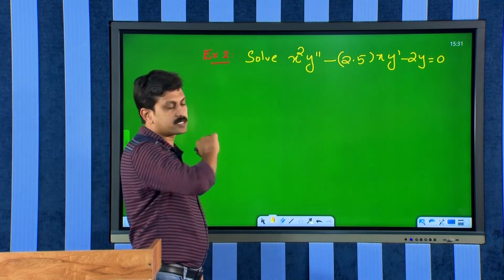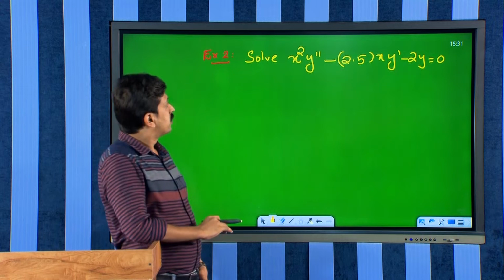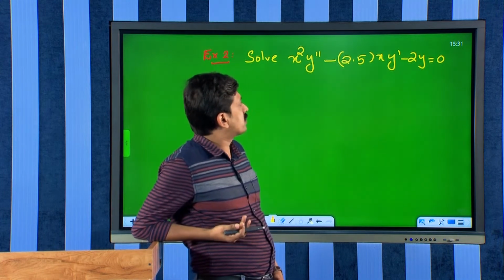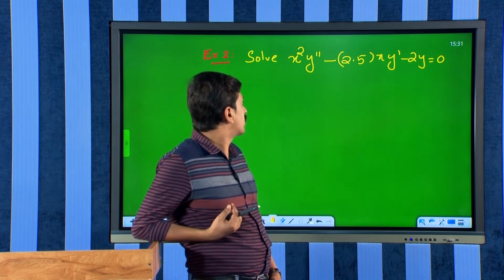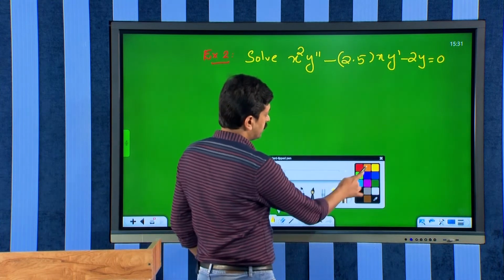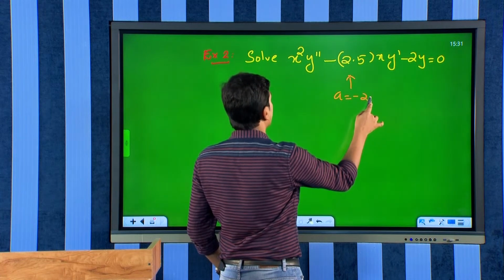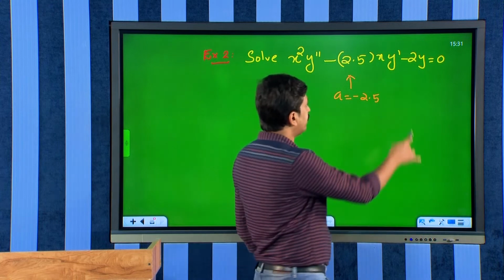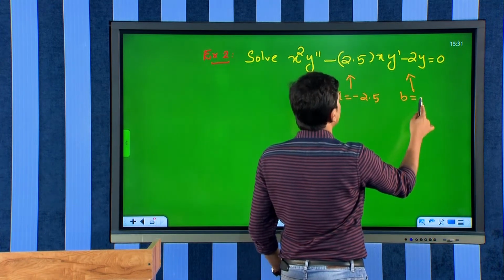See, dear students, here we have a differential equation of the form x square y double dash, where the value of a is equal to minus 2.5 and the value of b is equal to minus 2.